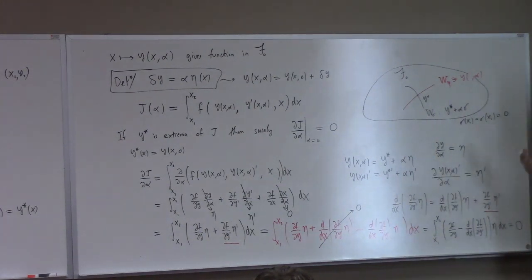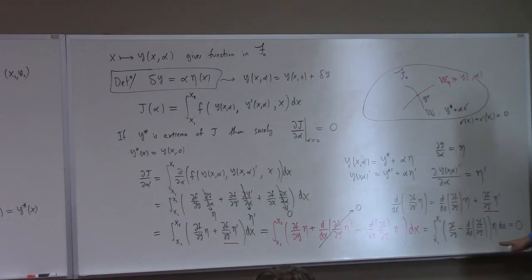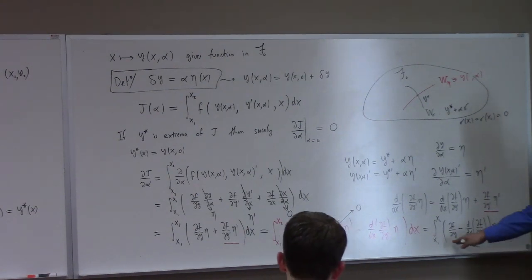Or maybe I should call it eta tilde or something. The point is, I could take arbitrary variations built from different choices of eta, and all of those must return the condition that partial J, partial alpha is 0 if it's going to be an extremum. So think about that. That means this integral has to be 0 for arbitrary functions which vanish at the endpoints. What does that force this integrand to be?